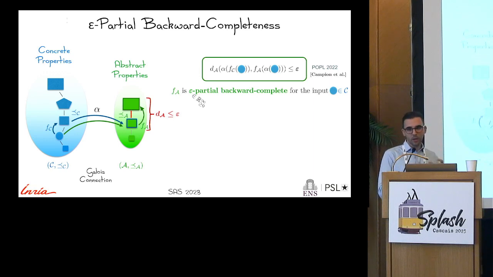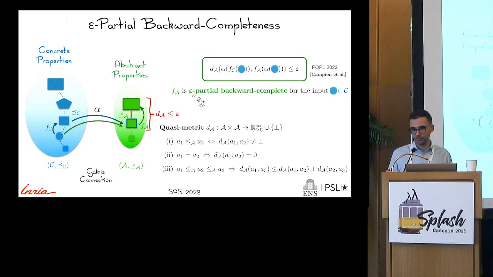We allow incompleteness between the result of the abstract operator and the concretization of the concrete operator, but we require that this difference is limited to an epsilon amount, which is measured by a quasi-metric distance. And these are the axioms that define the quasi-metric in this case, that we will see better later.